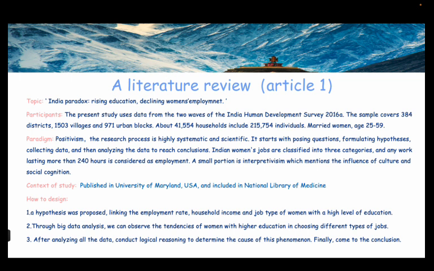As for how the author designed the article, he first proposed a hypothesis and then did a big data analysis. After analyzing all the data, he determined the cause of this phenomenon and finally came to the conclusion.